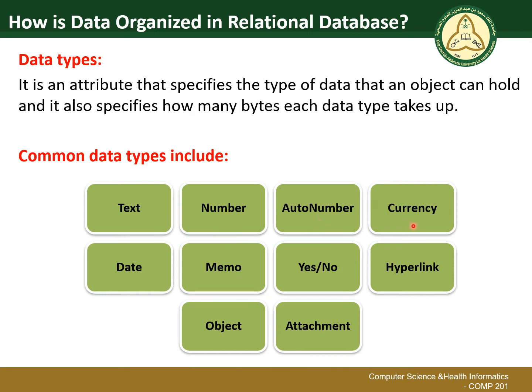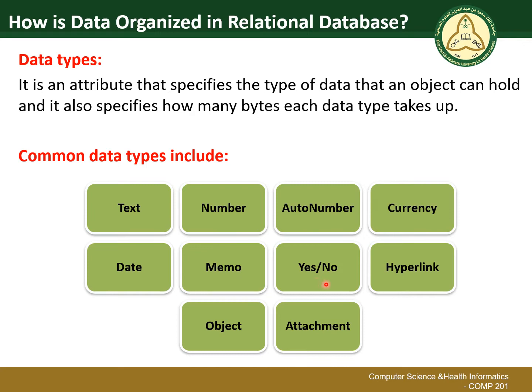Currency is used for currency values. Date is used to store date and time. Memo is used to store text or combinations of text and numbers.